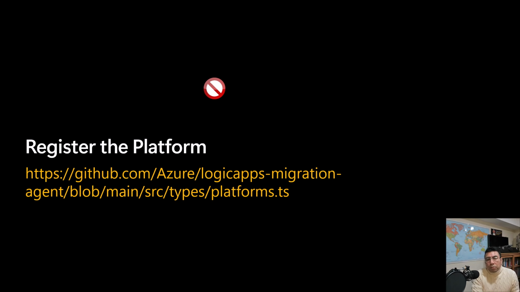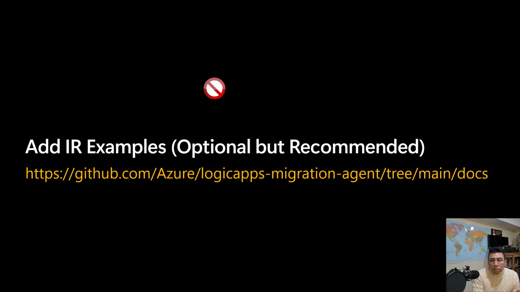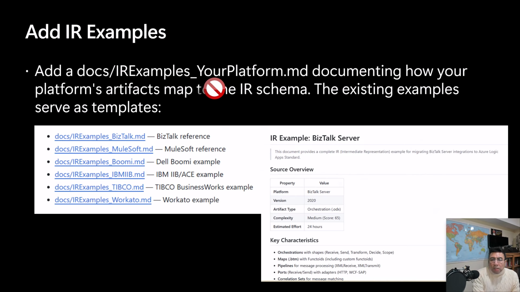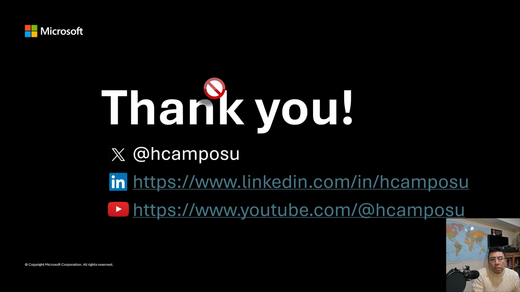Same for the completion of some additional steps, like registering the platform and creating what we call intermediate representation examples. Basically, in some cases, what is the type of information that you get depending on the type of integration platform that you use, right? And that's pretty much it, right?